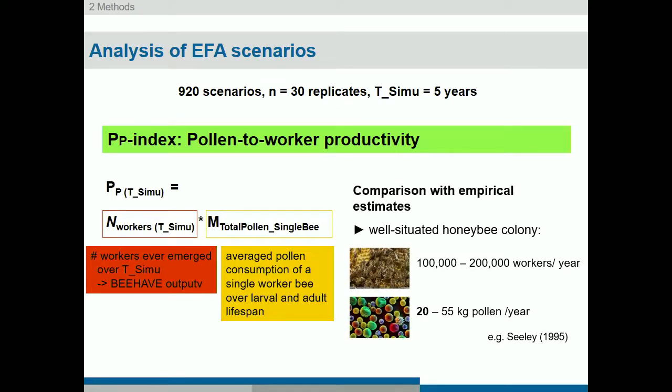We can compare this index with empirical estimations of a viable honeybee colony, which produces 100,000 worker bees per year and requires 20 kilogram pollen per year.